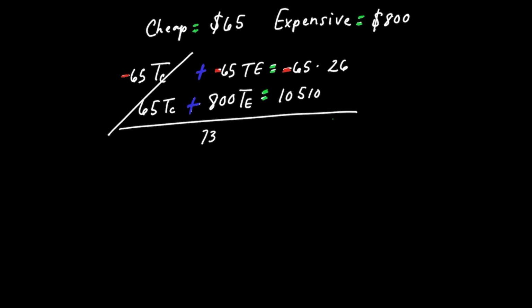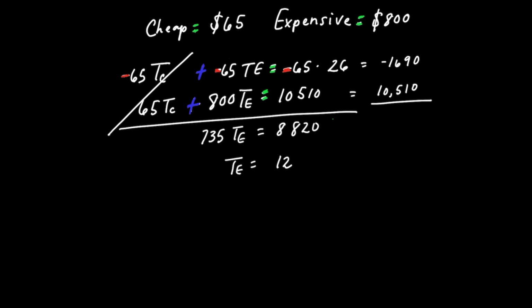The cheap seats cancel out because you have negative 65 and then 65. Then we combine the negative 65 expensive tickets with the 800 expensive tickets. We also combine negative 65 times 26, which is negative 1,690, and add that to the 10,510, and we get 8,820 total.